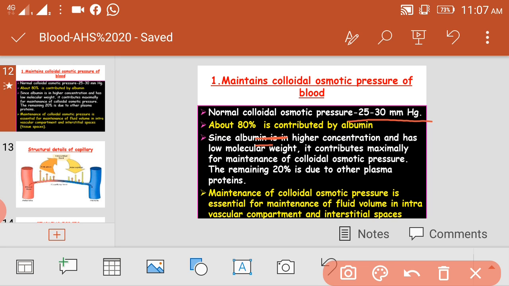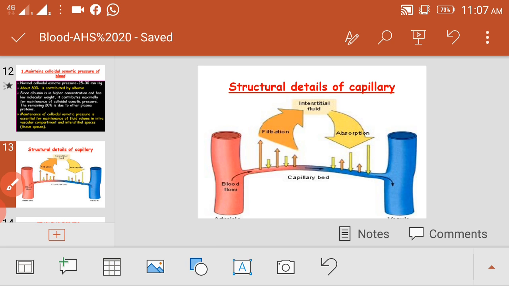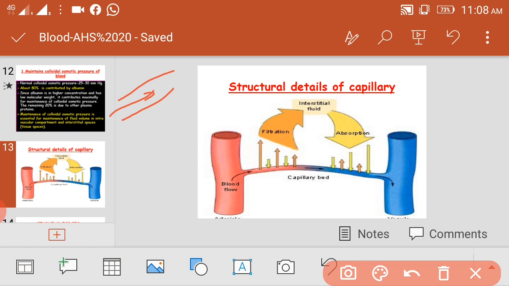This maintenance of colloidal osmotic pressure is essential to maintain the fluid volume in the intravascular compartment and interstitial space. You will be confused if I tell details. See, there are blood vessels, and the blood will flow in these blood vessels.